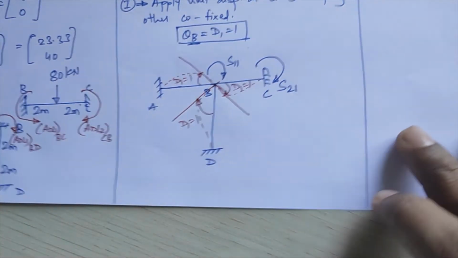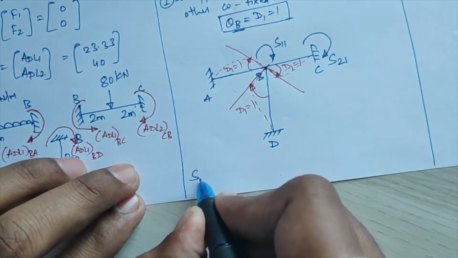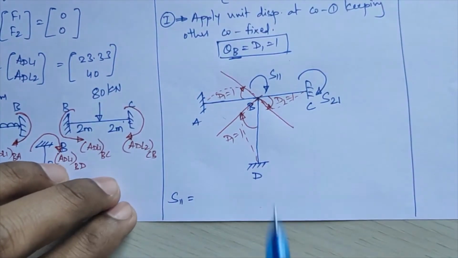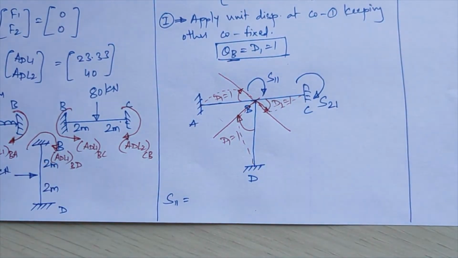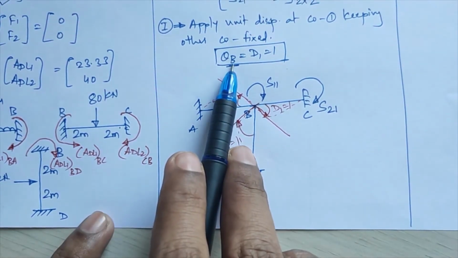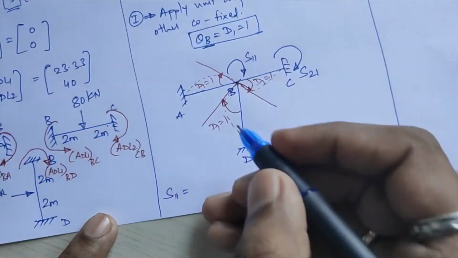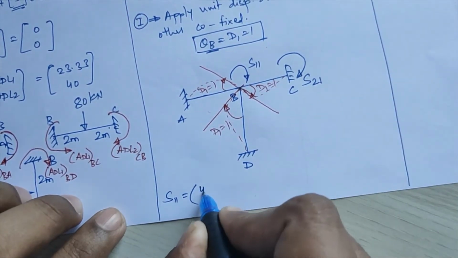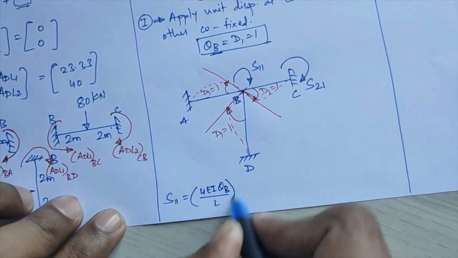Now we will see the values of those, that is, the first value S of 1 1. Okay, so S11, that is the near joint for your displacement applied point, that is corresponding to point B or corresponding to the applied unit displacement over there. B will be your near end over there. So for that, S of 1 1 you will get equal to 4 EI theta B upon L, right?